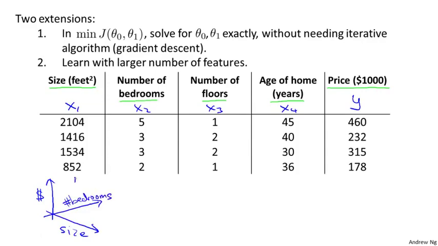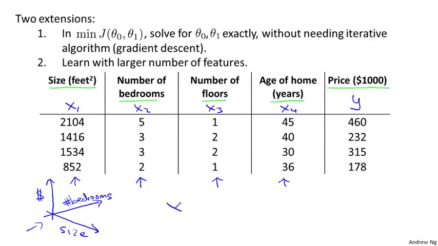But this is just plotting my first 2 features, size and number of bedrooms, and when we have these additional features, I just don't know how to plot all of this data, because I need like a 4-dimensional or a 5-dimensional figure. And I don't really know how to plot something more than a 3-dimensional figure, like what I have over here. Also, as you can tell, the notation starts to get a little more complicated.